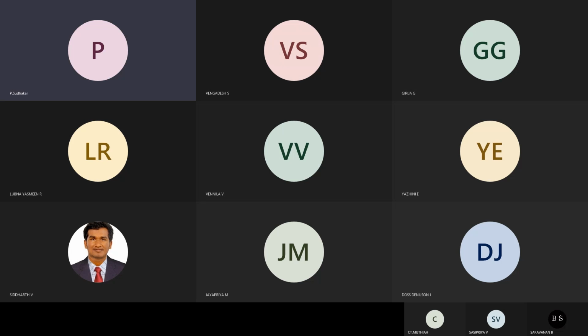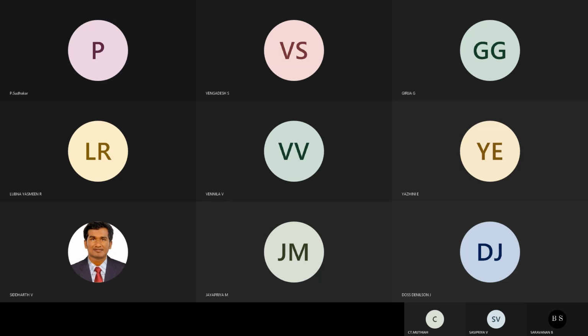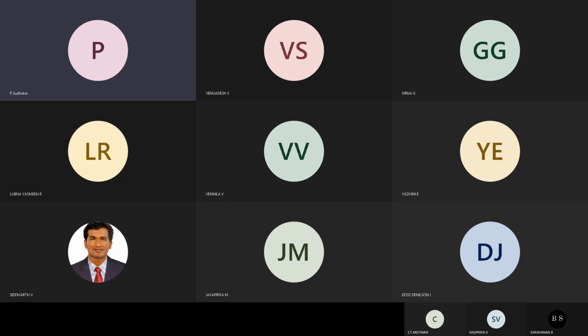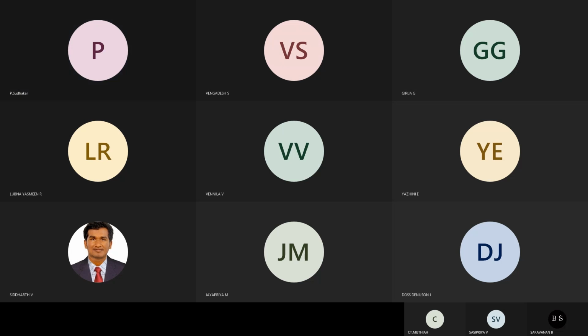As I said, it is 0.841 into sigma, the Stefan-Boltzmann constant, 5.67 into 10 power minus 8, into the temperature terms: 69 plus 273 power 4 minus 45 plus 273 power 4.